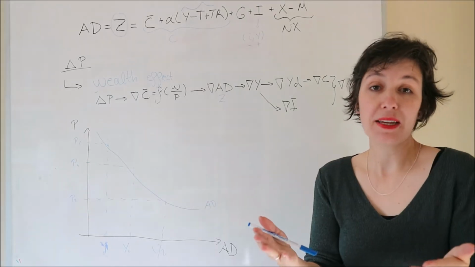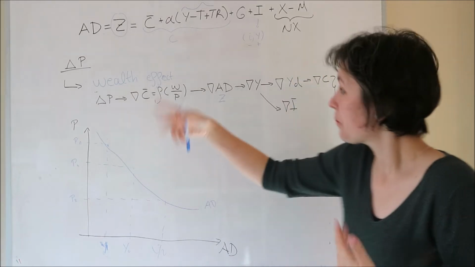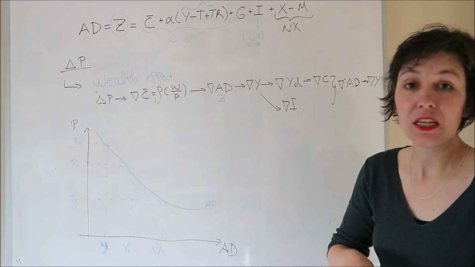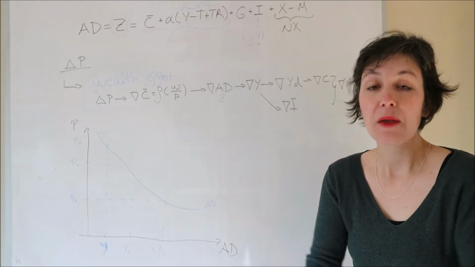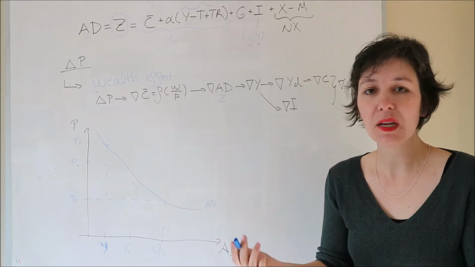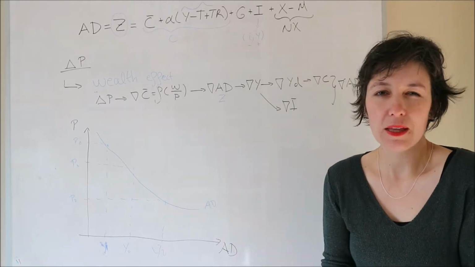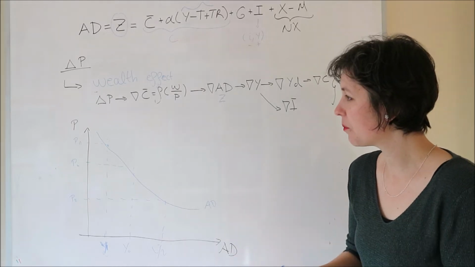But the final result is that, given an increase of prices, the aggregate demand is going to decrease even more than this first direct effect because of the multiplier effect. But eventually, it doesn't matter so far how big that value is. The thing is that the aggregate demand, so the output of the economy, is going to decrease.